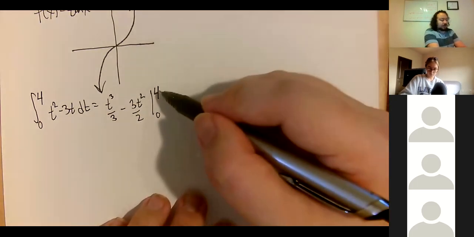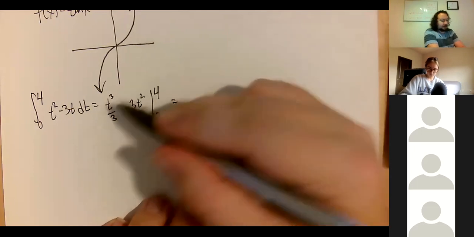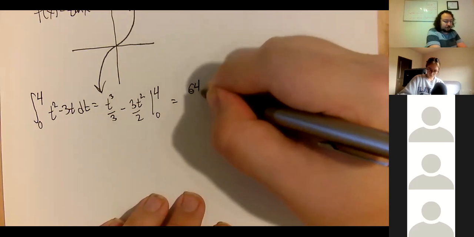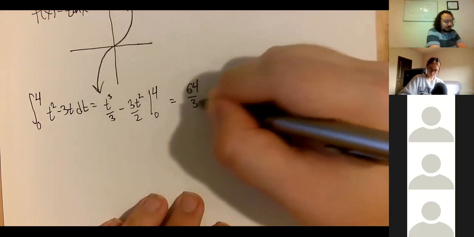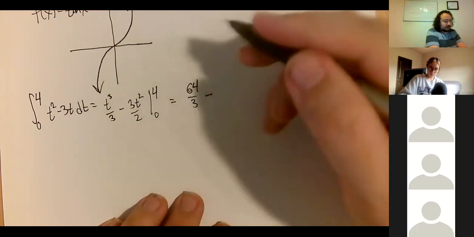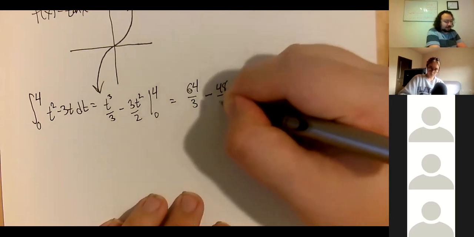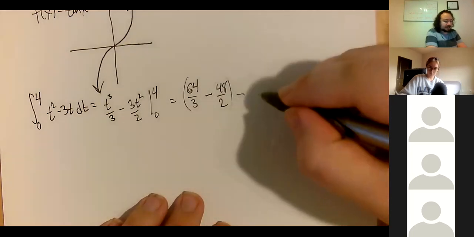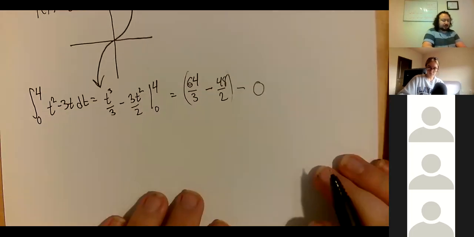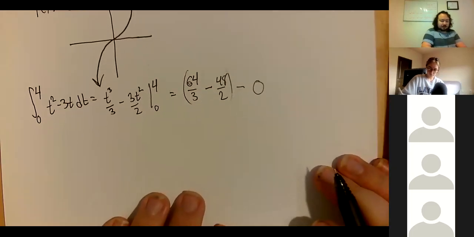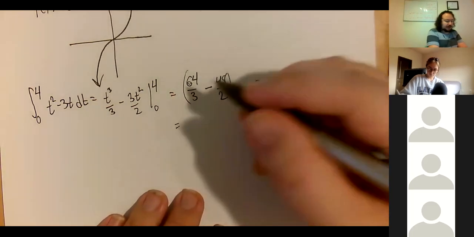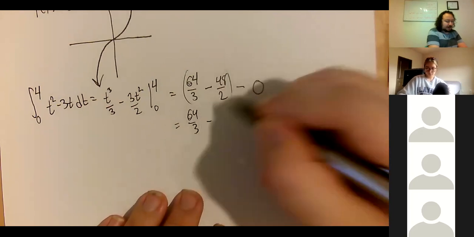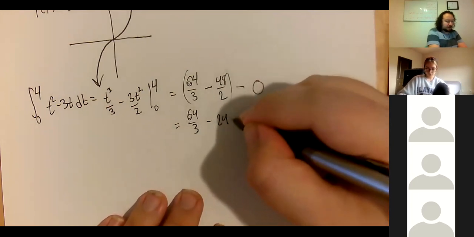Then we plug in our 4, so we end up with 64, which is 4 cubed over 3, minus 48 over 2. Then we subtract when we plug 0 in, but that will just be 0. If we rewrite this, it will be 64 over 3, and 48 over 2 is 24.